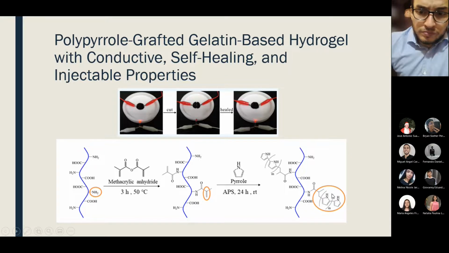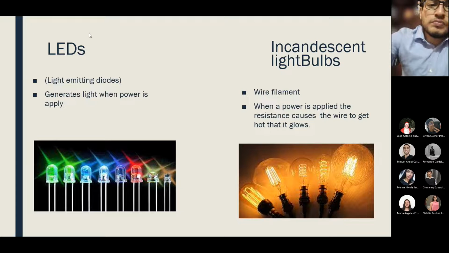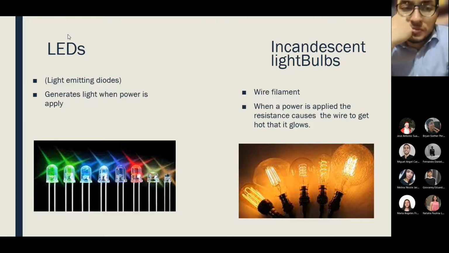And what about day-to-day life? In our daily life, for illumination, we can use incandescent light bulbs, which actually work with a wire filament. When power is applied, this resistance can cause a lot of heat, and thus this wire glows.